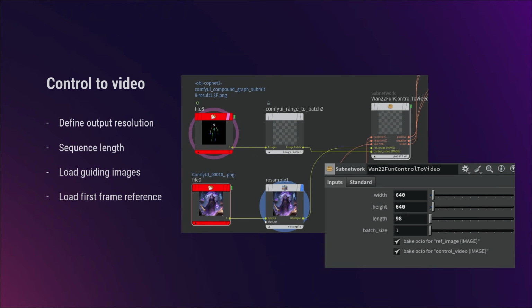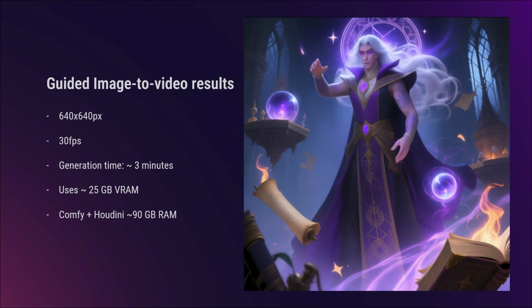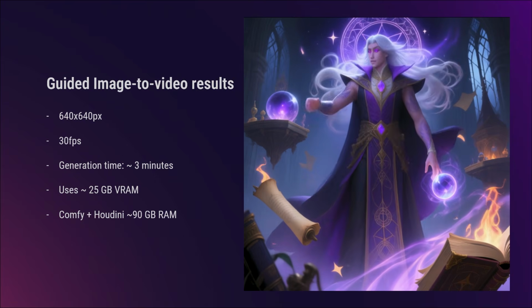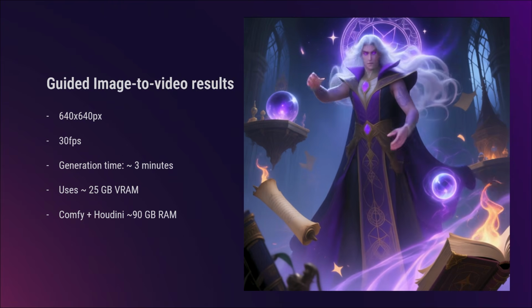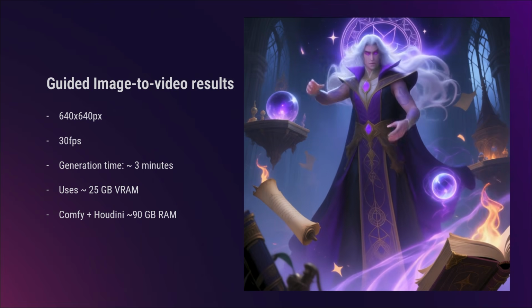And basically, you're just providing a reference image, and we are providing a sequence that is the animated body. So here to bring the ComfyUI sequence, the image sequence that we generated in Houdini, we have the ComfyUI range to batch just to bring that sequence into Houdini and make that upload. So that's the outcome. We have a very cool character that is moving, following my performance, and also we get for free some fire motions, some interesting motions everywhere.